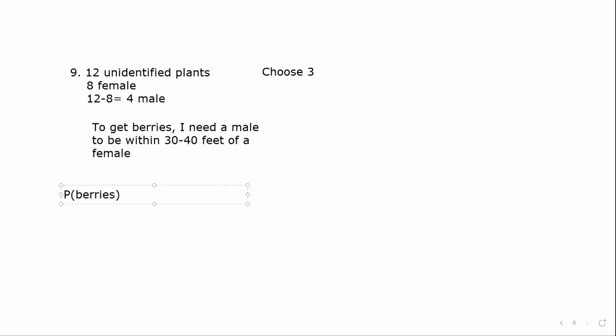Well, there's a couple of ways you can produce berries, right? Remember, you're choosing 3 plants.